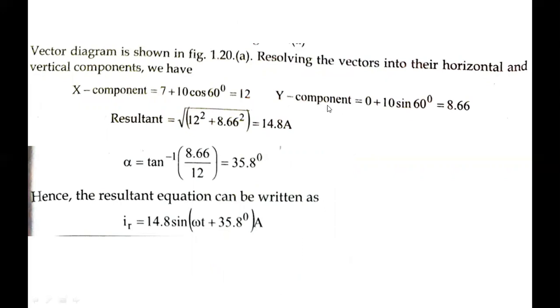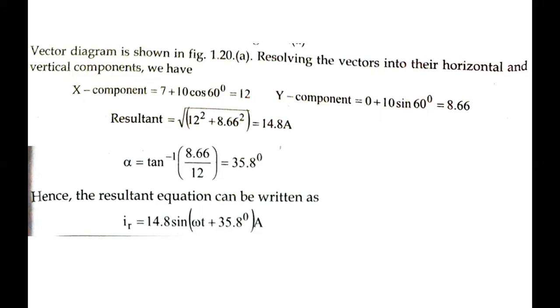Similarly, y component is equal to Im1 sin phi 1, that is sin 0. Sin 0 is 0, so this is 0. Im2 is 10, sin phi 2 is sin 60. So this is 8.66. So the resultant vector is equal to square root of x squared plus y squared, x component squared plus y component squared.